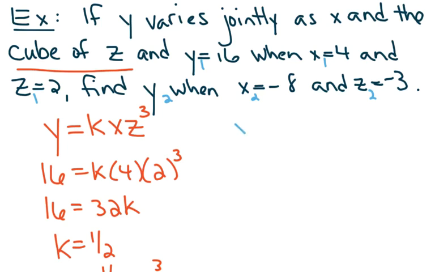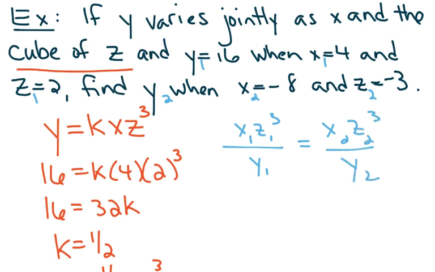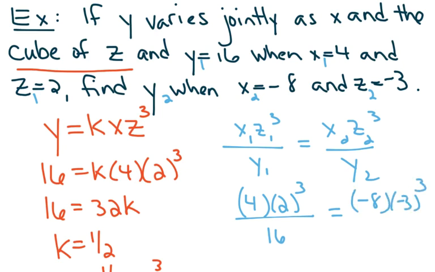So we're going to do x1 z1 cubed over y1 is equal to x2 z2 cubed over y2. So 4 times 2 cubed over 16 is going to equal -8 times -3 cubed over y2.